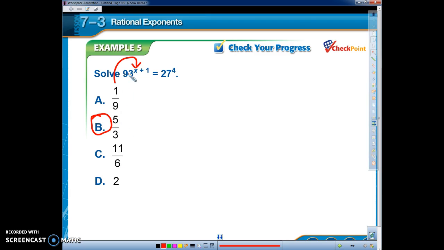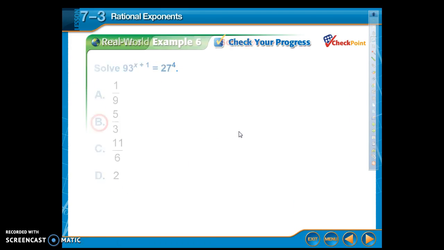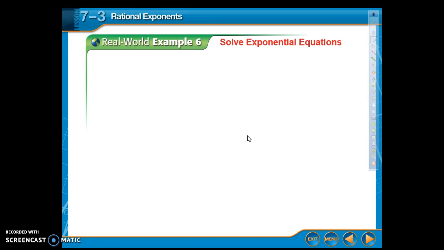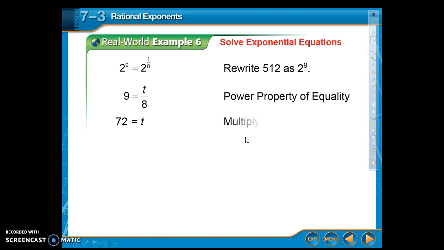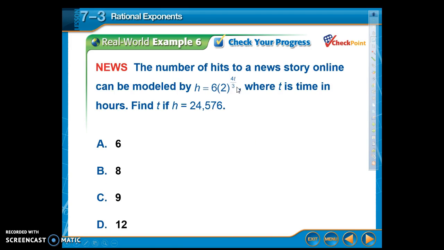I know one of these has to work, so I believe 5/3 is the one that's going to work. Yep. We'll work on these a lot more, and this last part is really the hardest part: just getting to where we can look at the exponents and solve them.